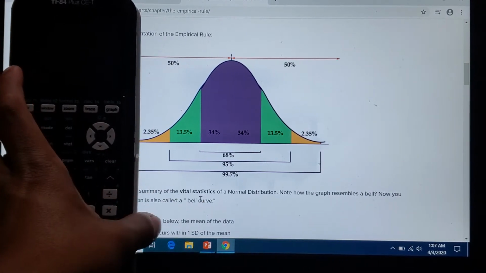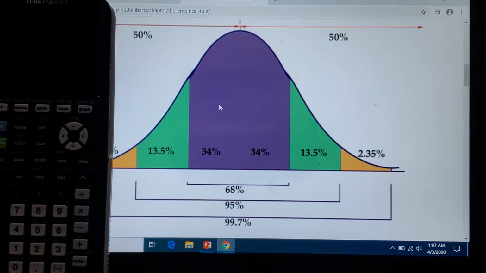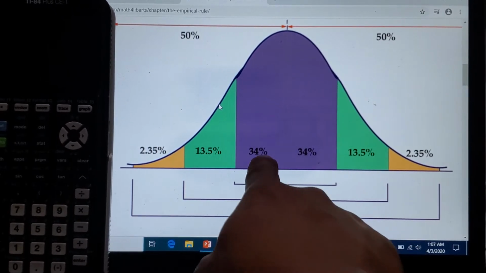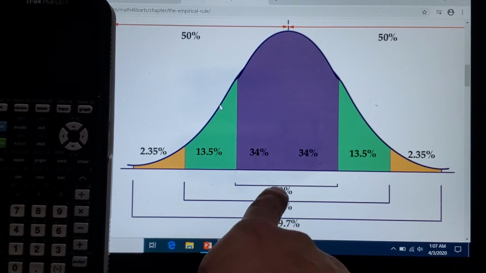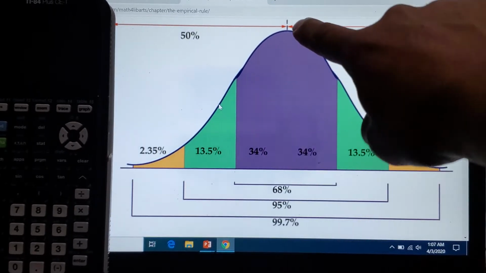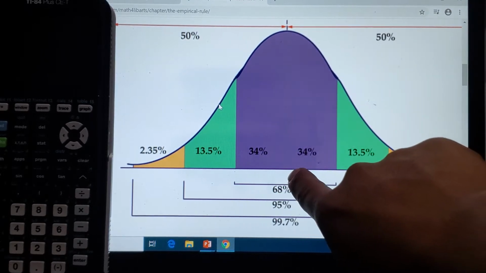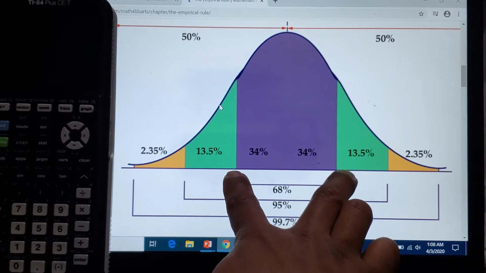But with this one, let's see if it lets me zoom in. Oh, perfect. This one is just saying 34. So within 1 standard deviation, there's the mean right there. If you're 1 standard deviation from the mean, again, that implies both above and below.